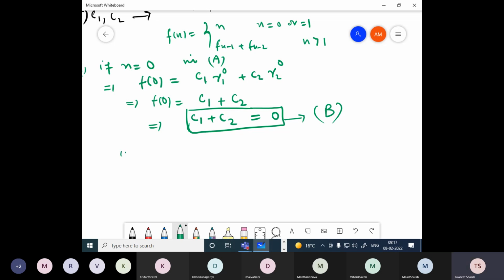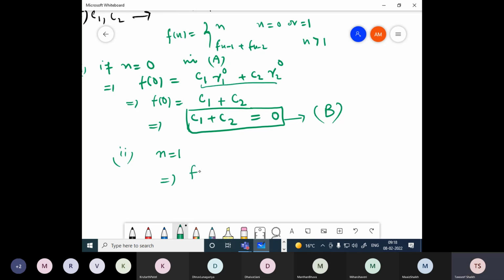Now taking the second initial condition, this was the first initial condition where we took n is equal to 0. Now we will take n is equal to 1 and substitute in this equation.